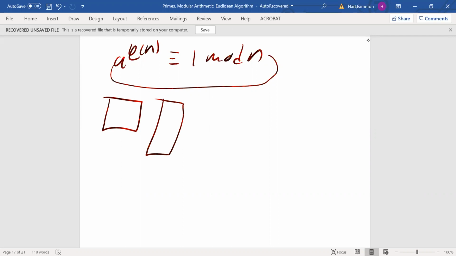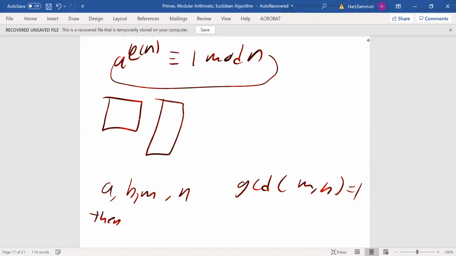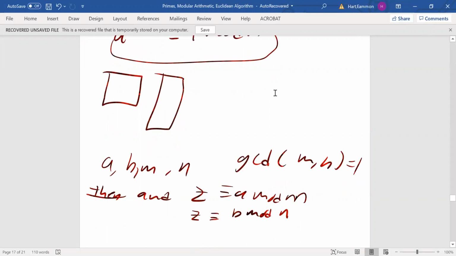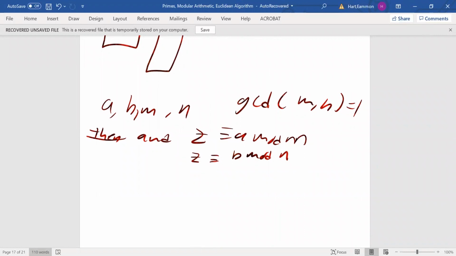So if we have a, b, n, and m, and the GCD of m and n is equal to 1, and z is congruent to a mod n, and z is congruent to b mod m, then there exists a unique z that solves this.